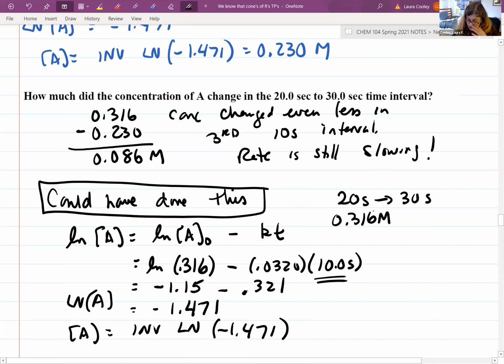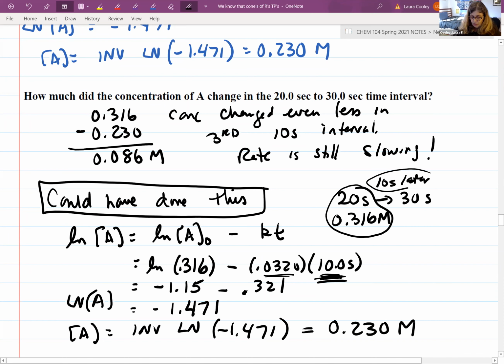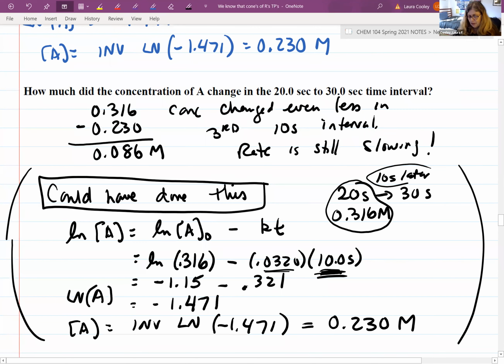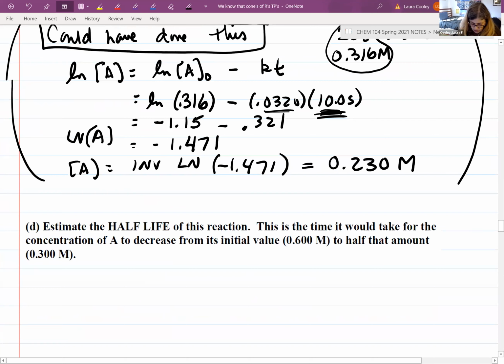I knew that the concentration at 20 seconds was 0.316. 10 seconds later, which is 30 seconds from the beginning, I put the 10 seconds in here, multiply by my rate constant, find the inverse log of that, and it comes out to the same answer, 0.230. So there's more than one way to do this type of problem. But anyway, I guess I shouldn't have done that because it was a little confusing.